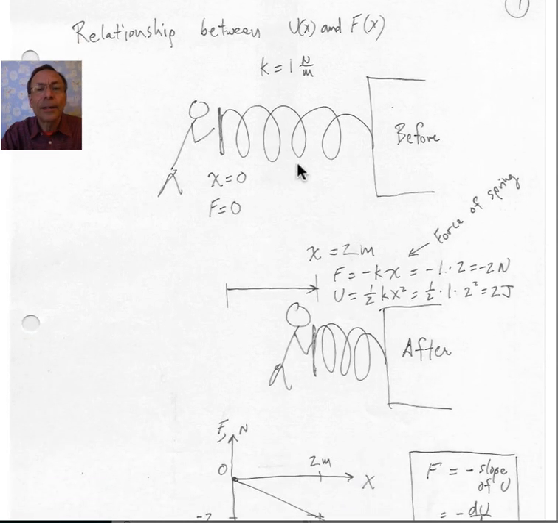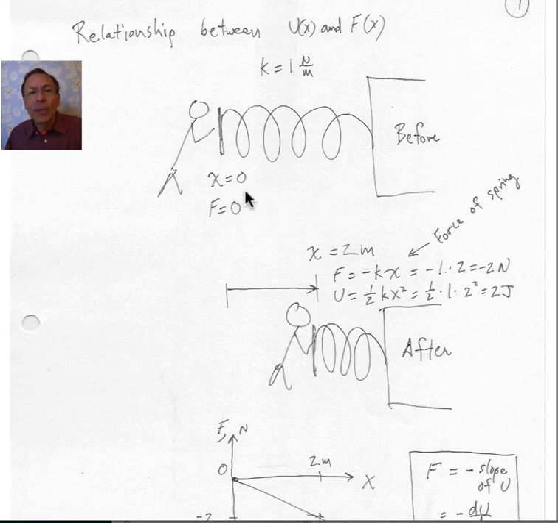So here let's work a little bit more on this relationship between the force and the potential energy. What's happening here is what was happening in the parabolic curve that we just looked at. We start out here at the center of the curve at x equals 0, and the spring is relaxed and the force is 0.